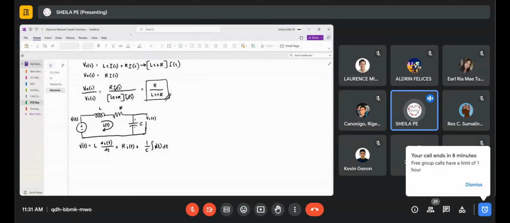Okay, now if we write it in this form, what we should get is in terms of VC of T. It is in voltage, but looking here, our terms are in current, so we have to make them all voltages.